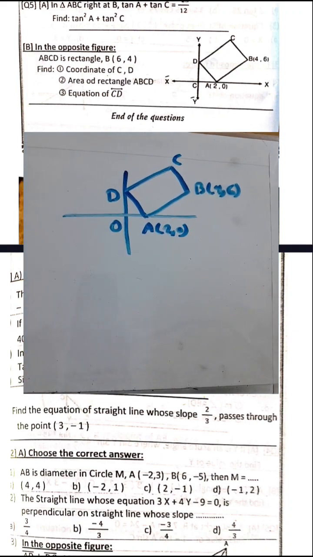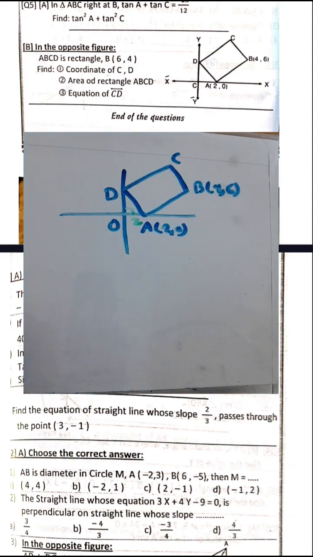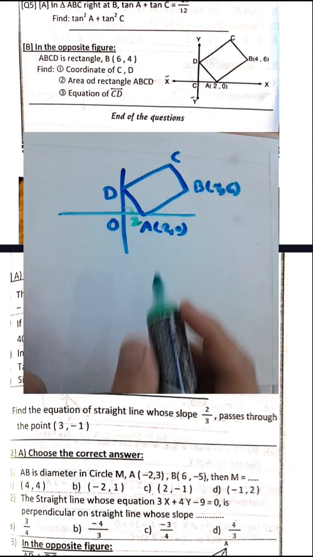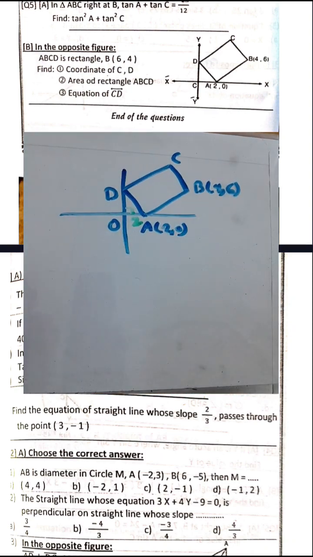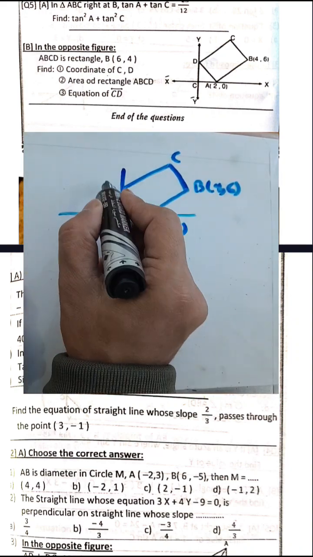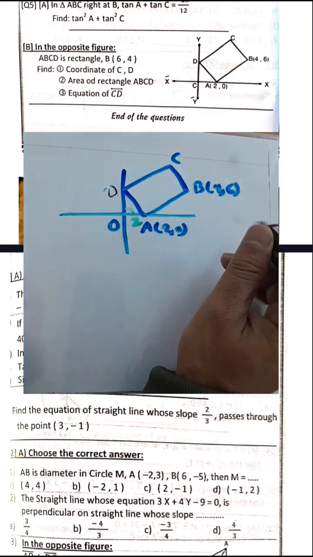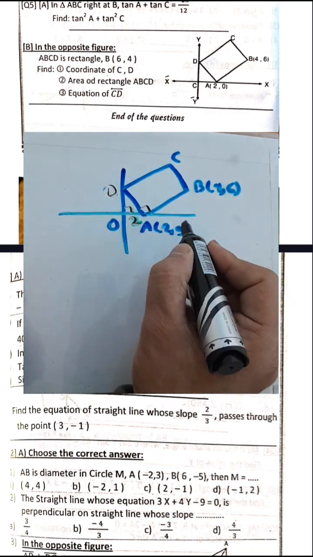Okay, look at the steps here. This side length will be 2, because this point is 2 and 0, and we have a right angle triangle, and this point gives us point D. Point B is 4 and 6, and there is a right angle here too.